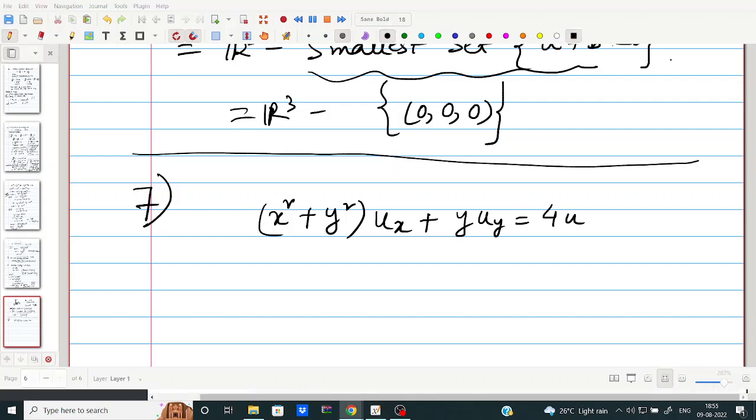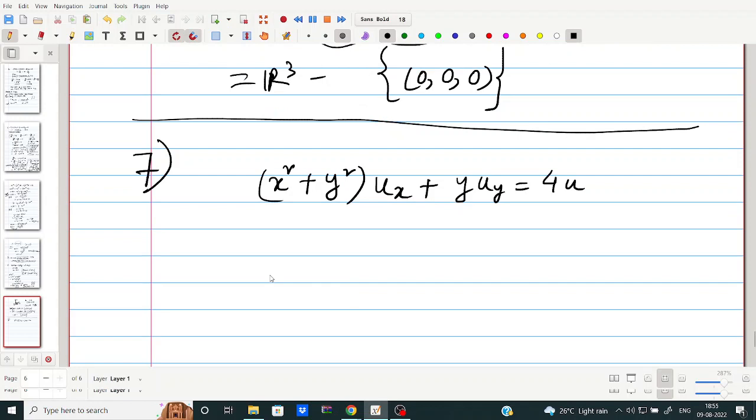For this partial differential equation, you are given some various Cauchy data, given by options A, B, C, and D. Identify all such Cauchy data for which the transversality condition is satisfied everywhere on the datum curve. So I am proceeding.